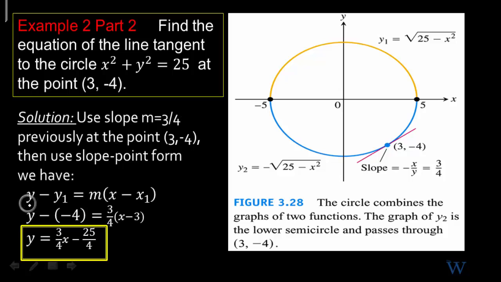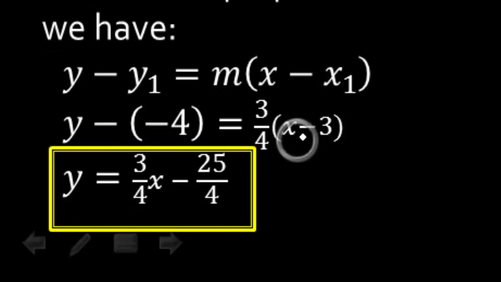It's y minus y1 is equal to m times x minus x sub 1. So what is our y coordinate right there? Substitute it right here, equal to the slope that we got, and then x minus x sub 1, which is 3.